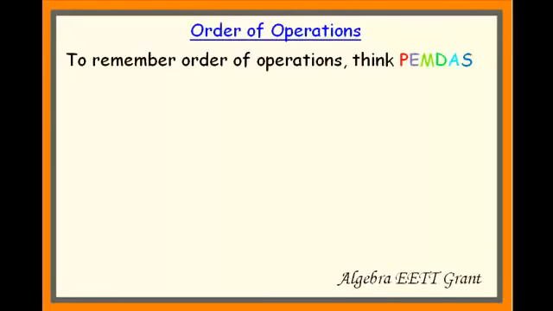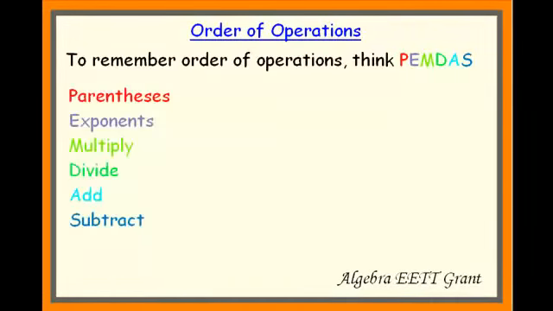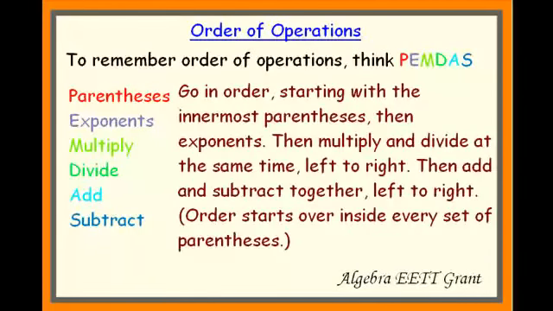Now, let's also talk about PEMDAS, the Please Excuse My Dear Aunt Sally. That just simply tells us the order in which we are to do things. And in the order, we start with the innermost parentheses. That's what we do first. Then we do exponents, then multiply and divide from left to right in the equation. Then you add and subtract from left to right in the equation.